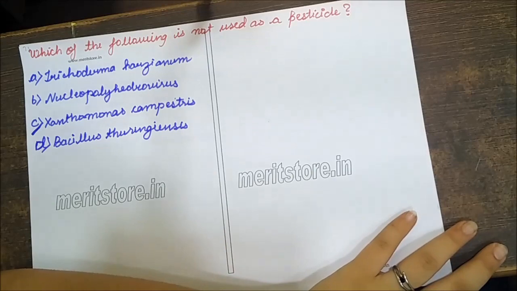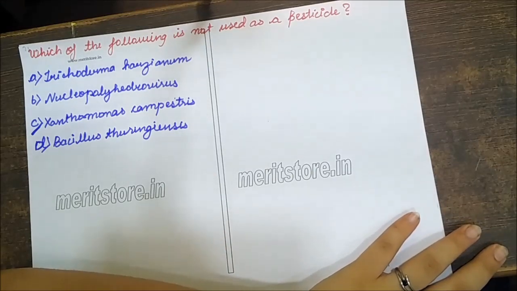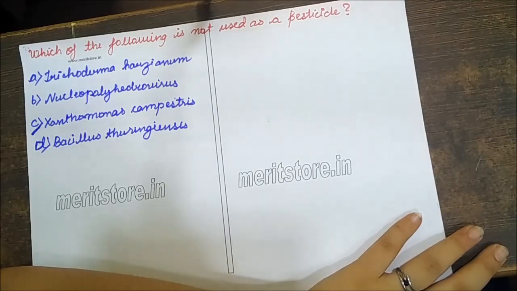Let's know how. Xanthomonas campestris is not used as a pesticide. Bacillus thuringiensis is used as a microbial biocontrol agent. Trichoderma harzianum is a free-living fungus, common in soil and root ecosystems. It is an effective biocontrol agent of several plant pathogens.